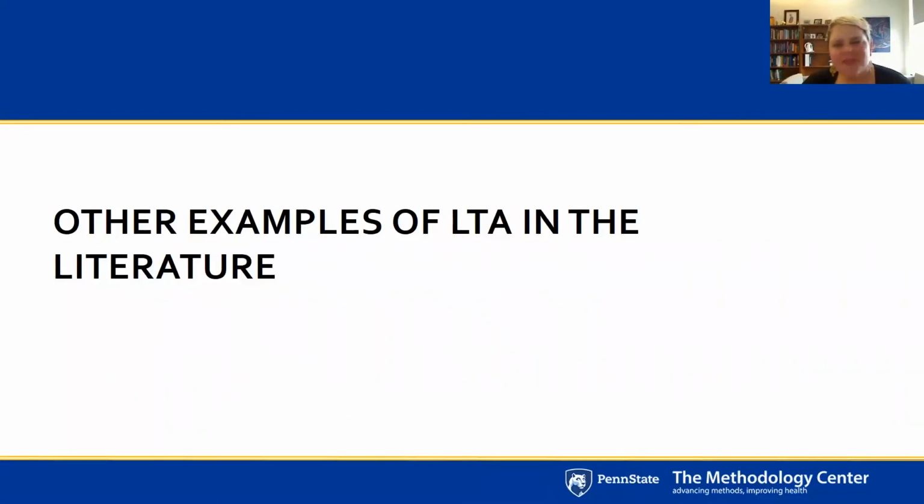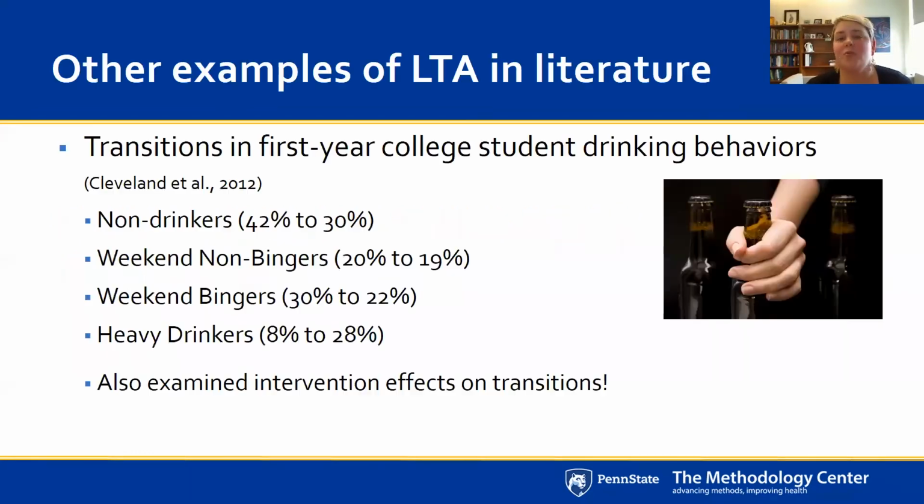I know that most of you probably on this call are not focused on high-risk sexual behavior in your own work. So I just wanted to do a bit of a survey of other examples of LTA in the literature to try to help you start thinking about creative ways that you could apply this methodological tool in your own work. So LTA has been applied a lot in substance use literature.